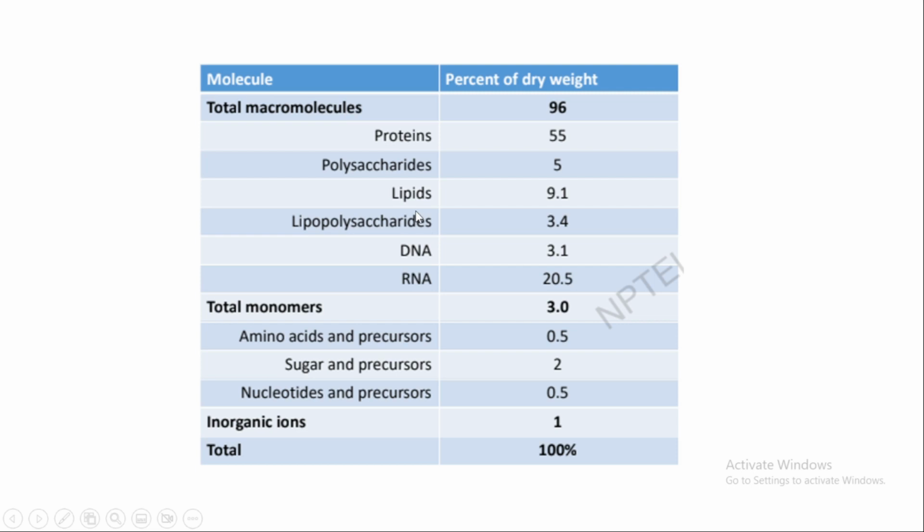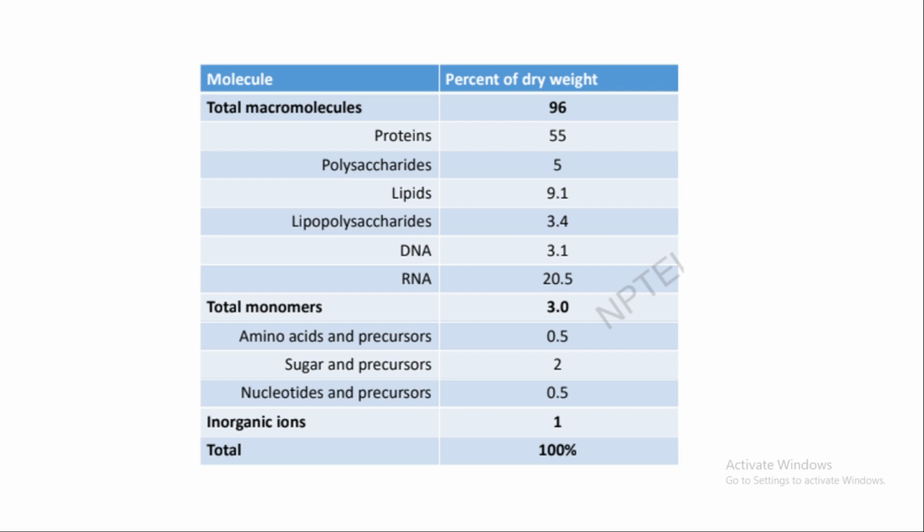So, out of all the macromolecules, proteins constitute the largest amount of the dry weight. Proteins constitute more than 55% of the percent dry weight of a cell. Then comes lipids, which is 9.1%, and RNA is 20.5%.